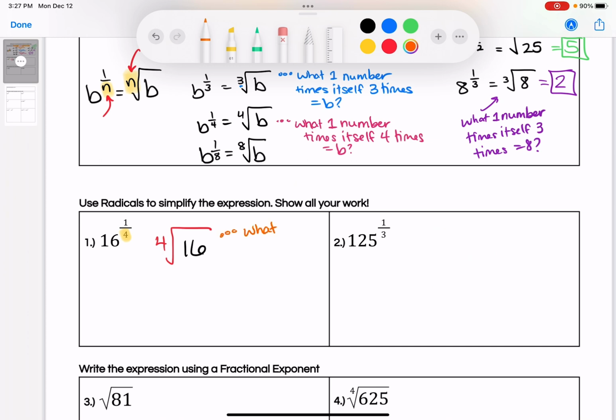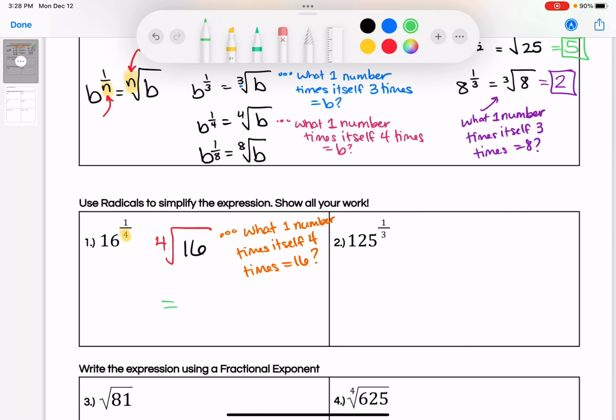You don't have to write this, but just in case you're still wrapping your brain around it: what one number times itself 4 times equals 16? Let's see. Well, it's not 4. 4 times 4 is only times itself 2 times. I want to know what times itself 4 times. So what number times itself 4 times equals 16? That would be 2, right?